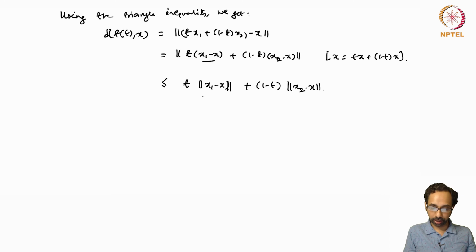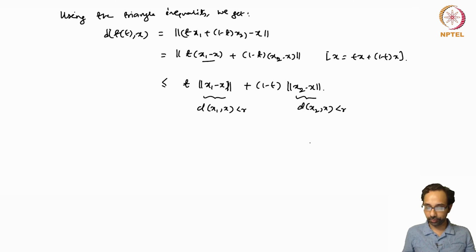And remember that this was nothing but the distance between x1 and x, and this was nothing but the distance between x2 and x, and so these are both less than r by definition, because they are both in the open Euclidean ball of radius r with center x. And so this is less than tr plus (1 minus t)r, which is nothing but r.